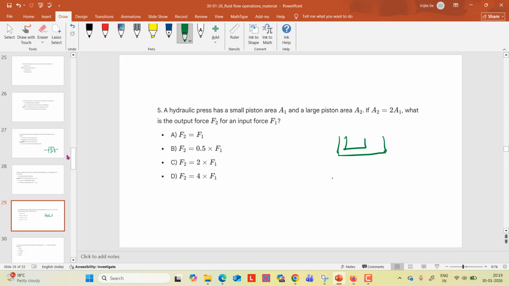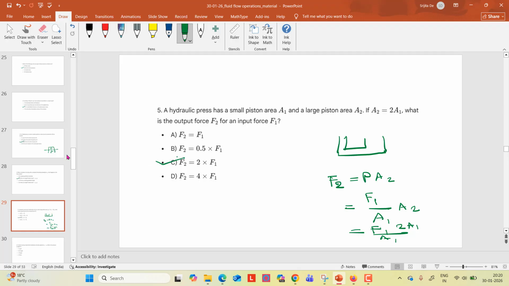So F2 equals P into A2, and P was F1 by A1. So F2 equals F1 by A1 into A2. Here A2 is 2A1, so F2 equals F1 into 2A1 by A1, so F2 equals 2 into F1. Force is proportional to the area ratio.